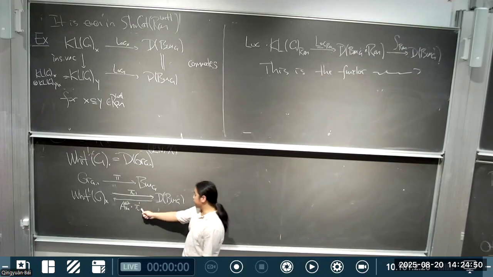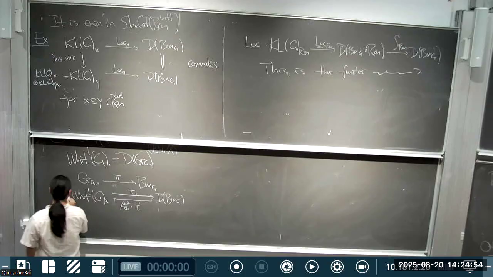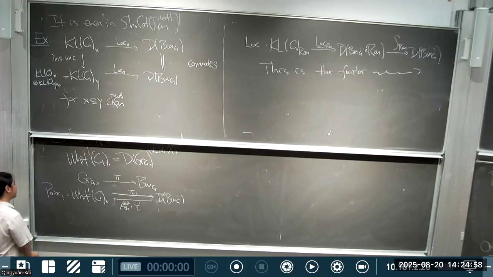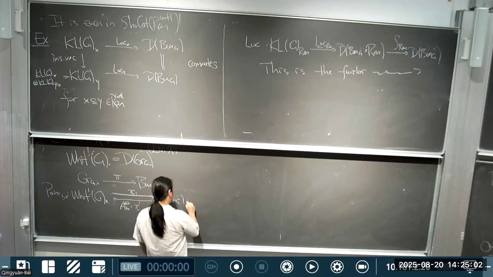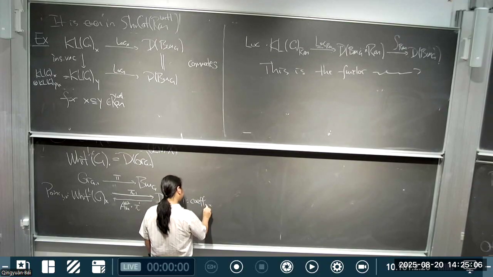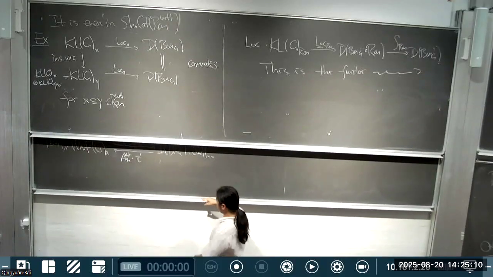But you have to justify this functor is continuous. So this has been explained yesterday, and we denote these functors by F lower shriek at x and F star at x. So these are the functors between Whit and Bun G.